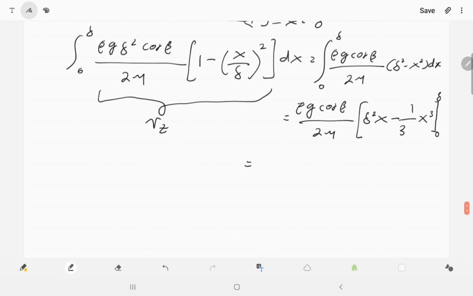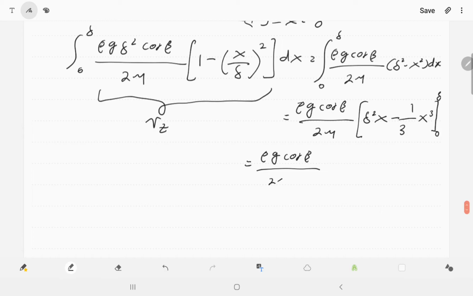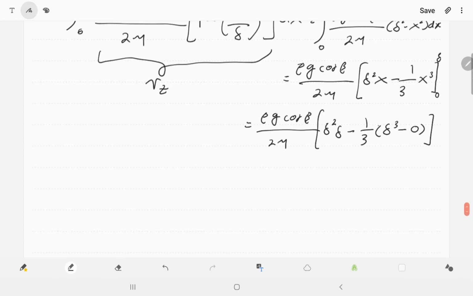We continue again. Multiplied by this minus 1 over 3 minus 0. Okay, rho g cos beta divided by 2 mu, minus 1/3 these things in here.